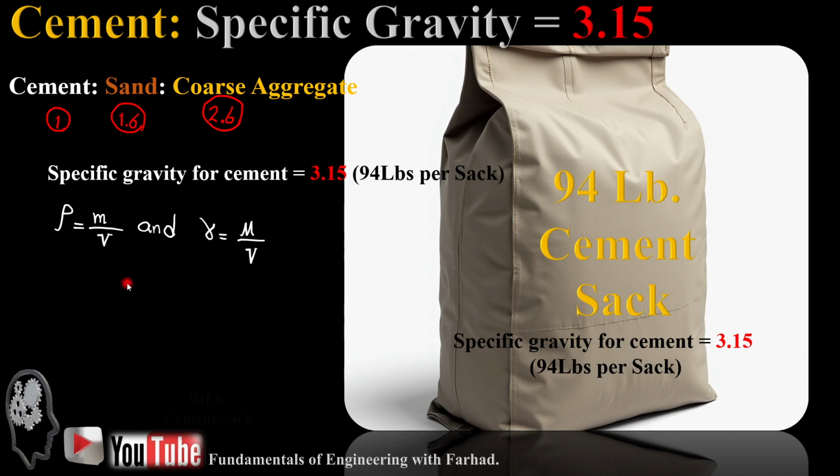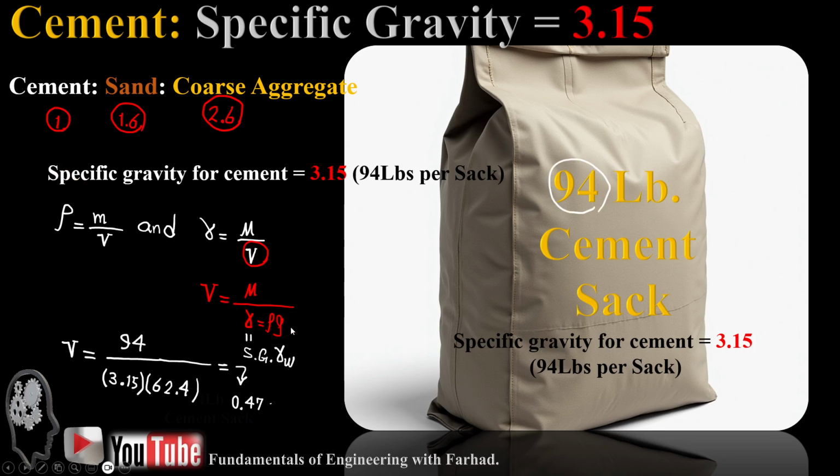Now let's look closer at the formula of density. Rho is equal to mass over volume, and gamma, unit weight, is weight over volume. You can also jot down the equation of gamma based on volume to calculate the volume of each component. So that's mass of cement over gamma, which is rho times g.